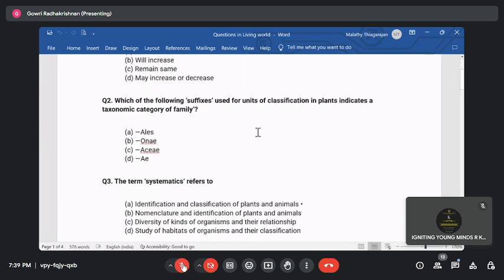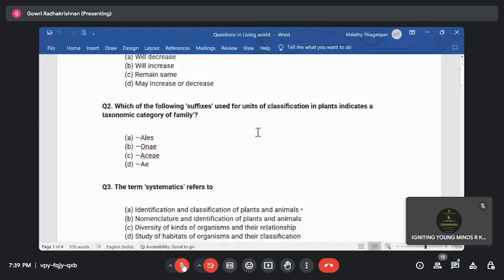Can you tell me what is the order in which we classify? Between species and kingdom, what is the order? Anybody? All right. The bottommost or the last one is the species.